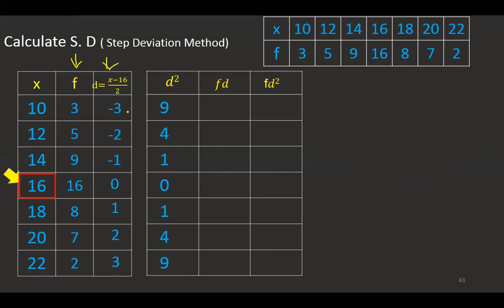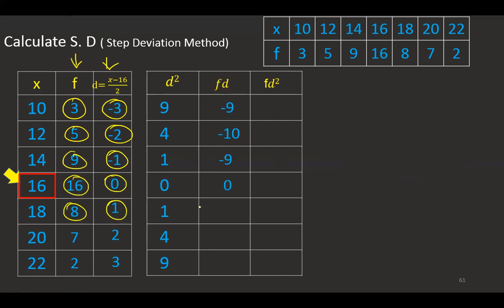I am multiplying 3 into minus 3, which gives you minus 9, 5 into minus 2 gives you minus 10, 9 into minus 1 gives you minus 9, 16 into 0, which gives you 0, 8 into 1 gives you 8, 7 into 2 gives you 14, 2 into 3 gives you 6.